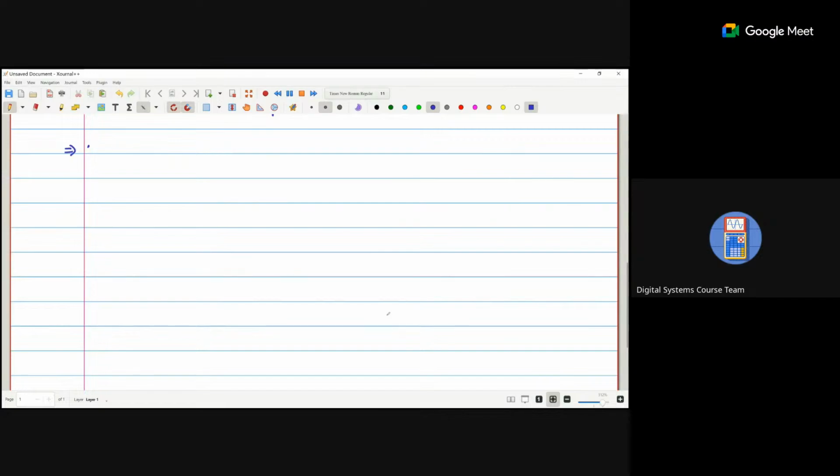Now the latch we can implement with the help of a NAND gate or a NOR gate. If we design a latch with the NAND gate and the NOR gate, the truth table for both will be different.